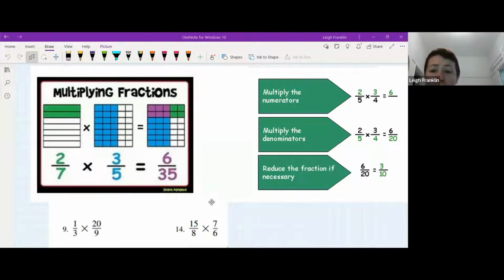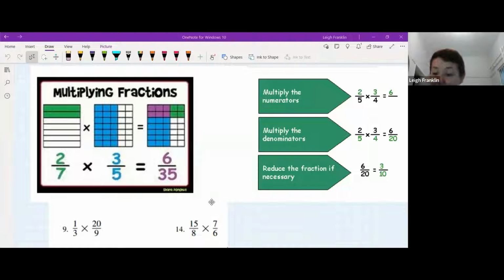We multiply the numerators, we multiply the denominators, and then we reduce the fraction if necessary. In the case of the one on the right-hand side, we would say 2 times 3 is 6, over 5 times 4 is 20, and then if it's possible to reduce that fraction, we would do so afterwards by dividing both the numerator and the denominator by the same amount. We can't reduce the fraction if we divide the top and the bottom by something that's different.